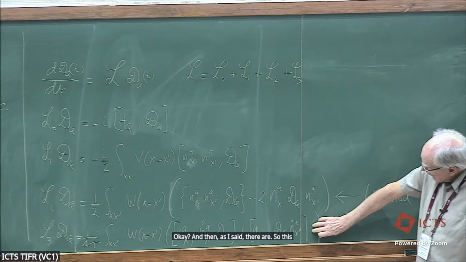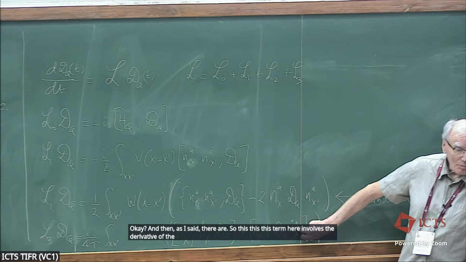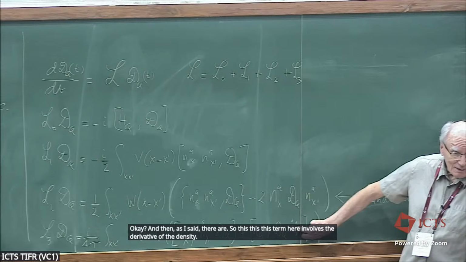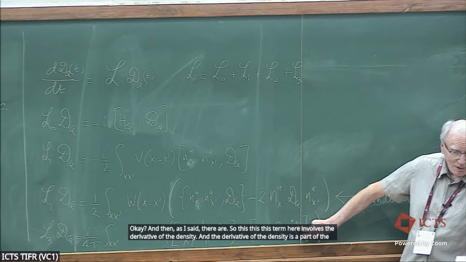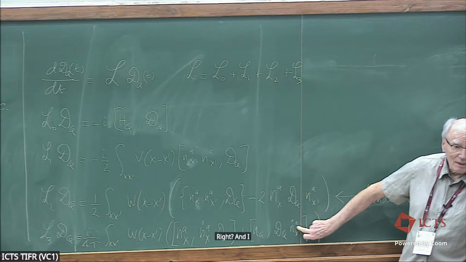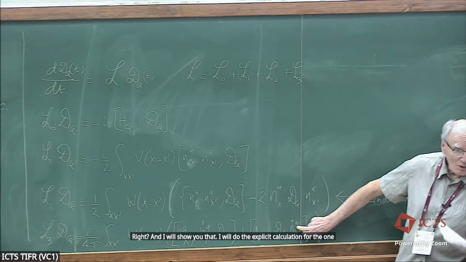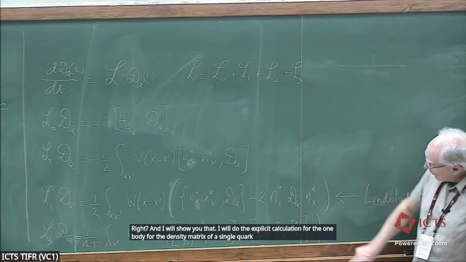This term involves the derivative of the density, and that is a part of the physics which leads to dissipation, right? I will do the explicit calculation for the density matrix of a single quark, and you will see that appearing here.